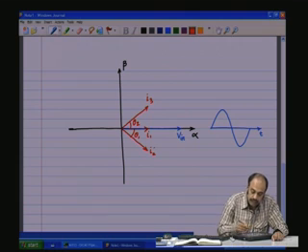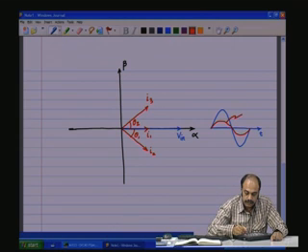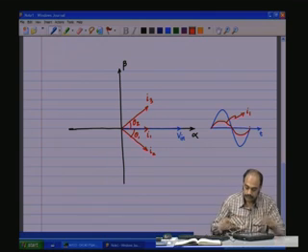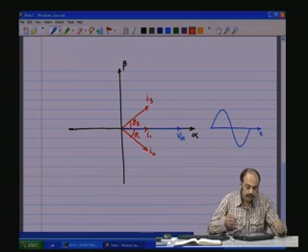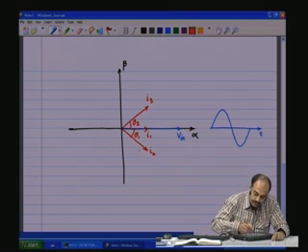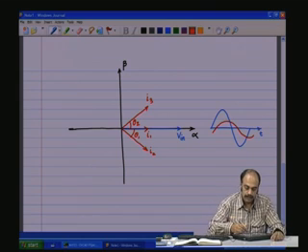So, if it was I1, you would see the current waveform like this, that is I1. If it was I2, I2 is lagging V in. So, you will see that it lags like that.